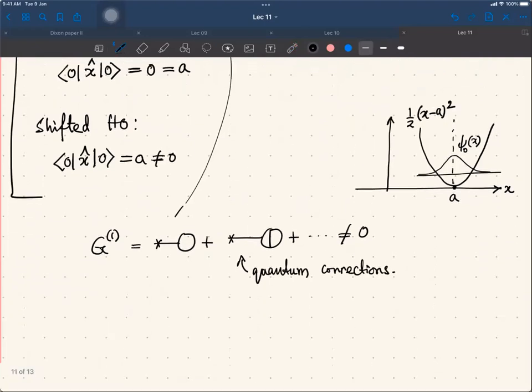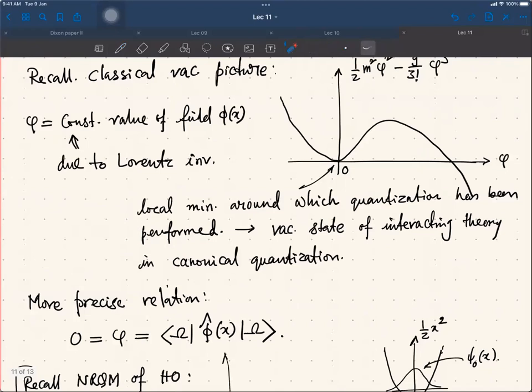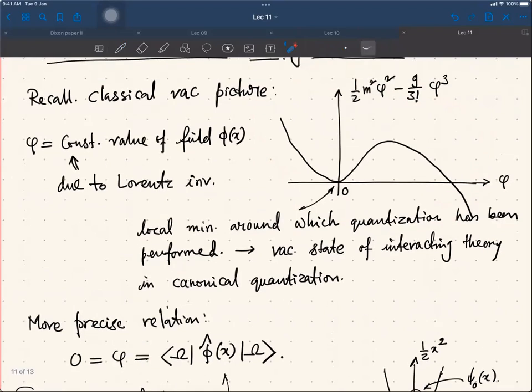And the question is that although at tree level the classical picture is valid, we do not have a quantum corrected picture of this diagram, of this plot.